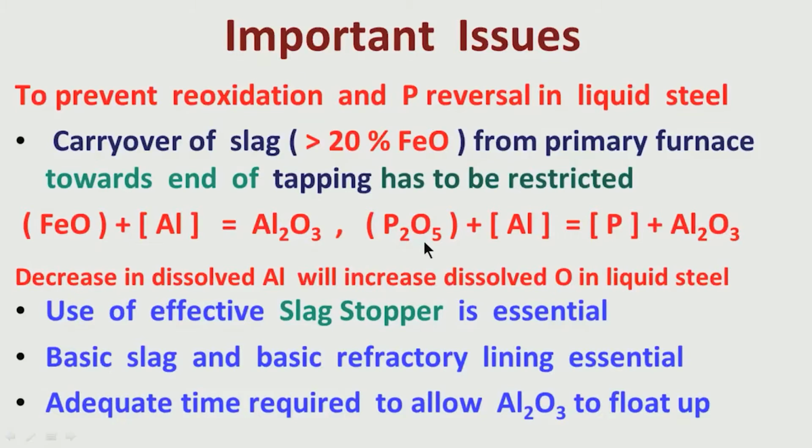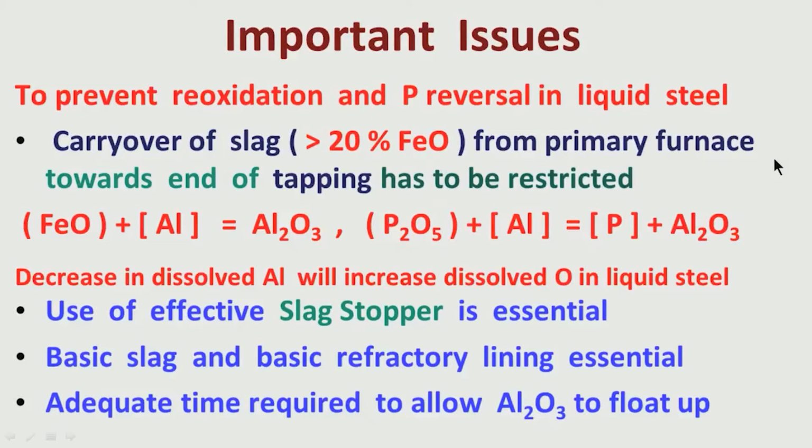We call it rephosphorization. So, it is called phosphorus reversal from slag to liquid steel. So, reoxidation of liquid steel and phosphorus reversal in liquid steel, these two will be possible if there is a carryover of slag from the primary furnace.